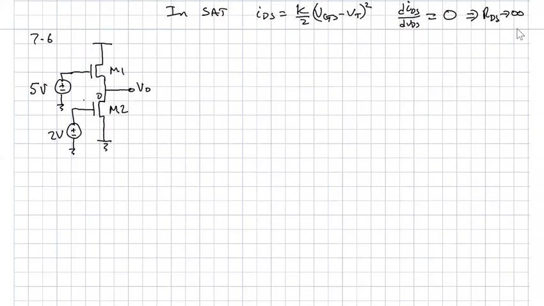And I'll keep writing these until I'm going to stop soon, where we all know what the gate, source, and drain are in these circuits. And so the question is, given M1 and M2 are in saturation, what is V out?